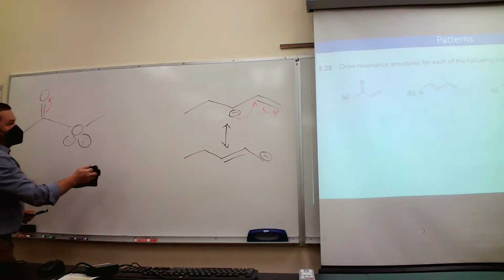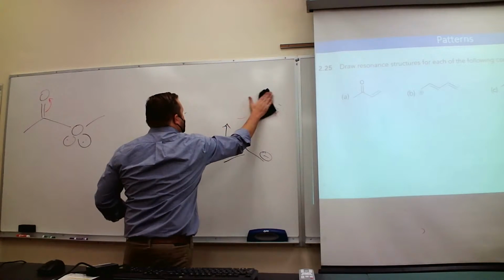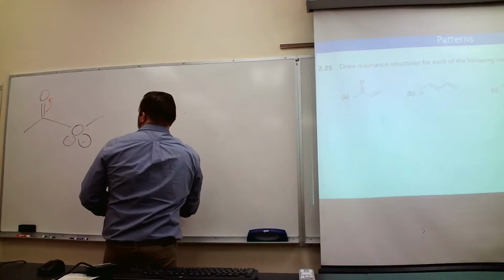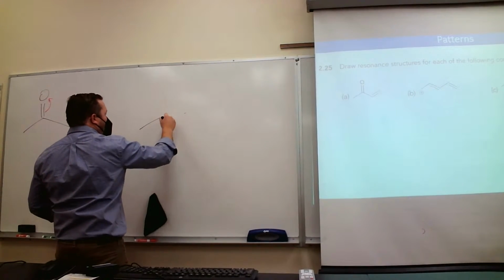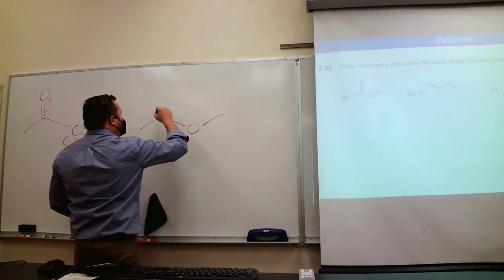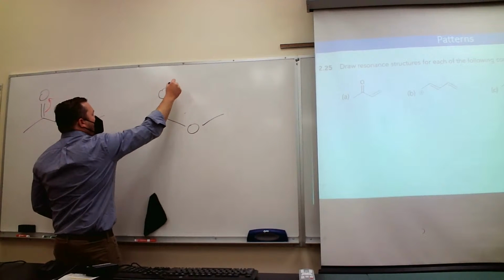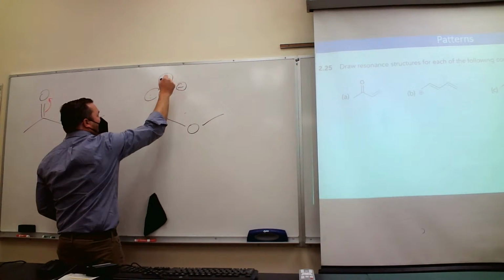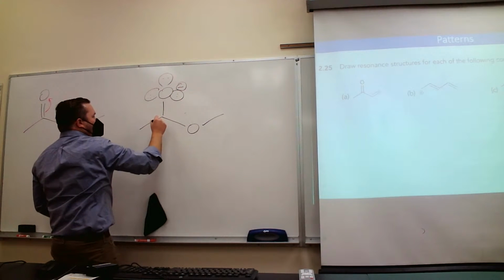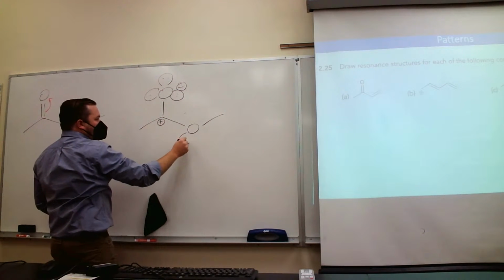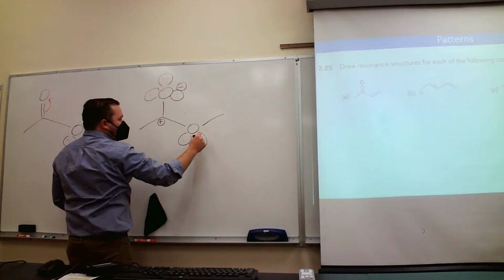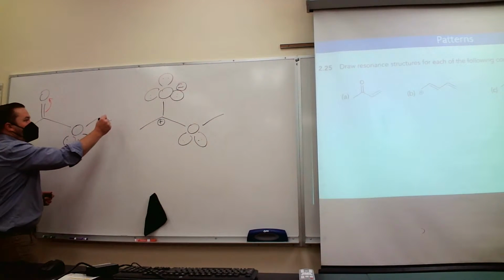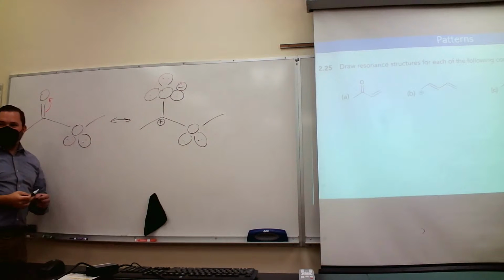Now, that's going to put a positive charge on the carbon, because we broke up its octet, in between the two oxygens. So this oxygen now has a negative charge with 3 lone pairs. This carbon now has a positive charge. That's technically a valid resonance structure.